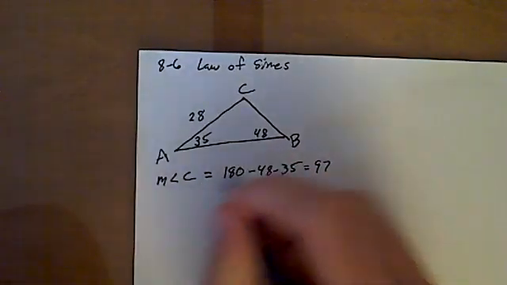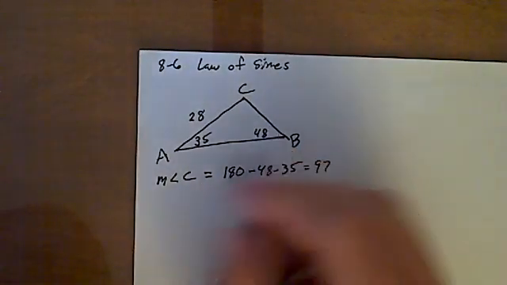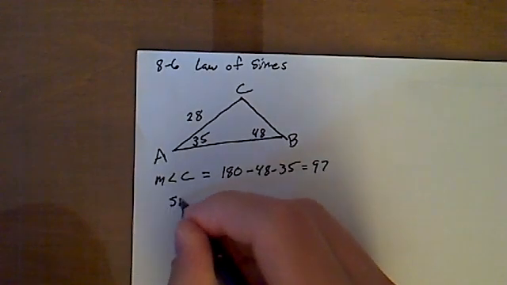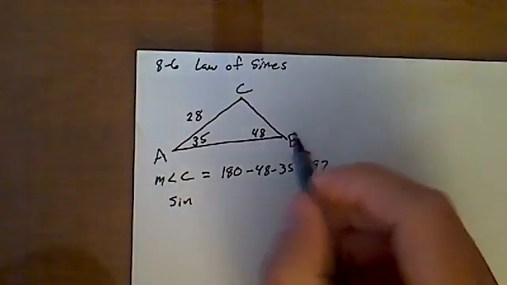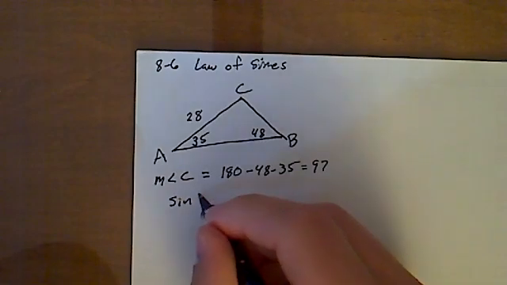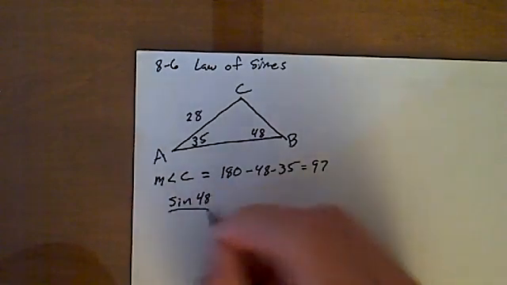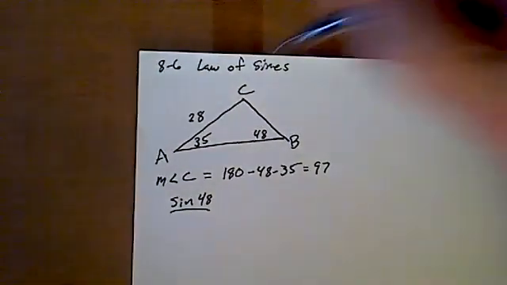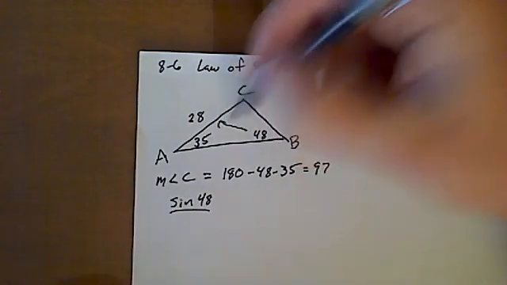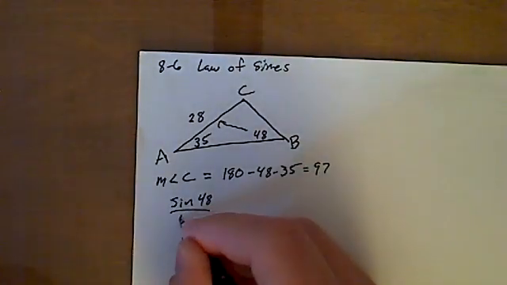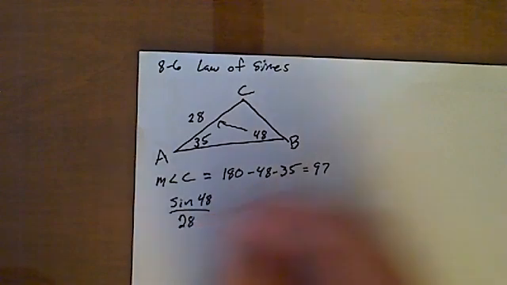Well, we know that the law of sines says the sine of some angle, I'm going to use angle B, over the side opposite that angle. The side opposite angle B is 28.